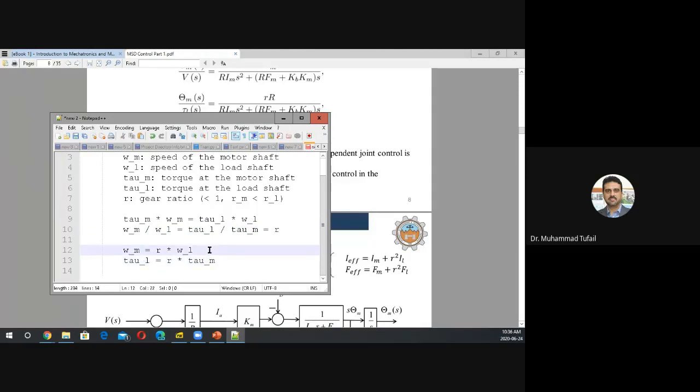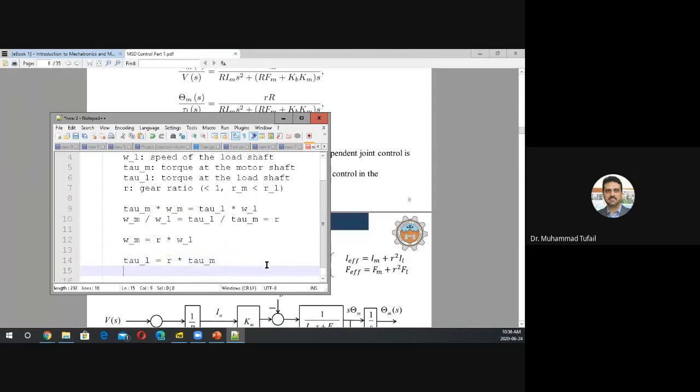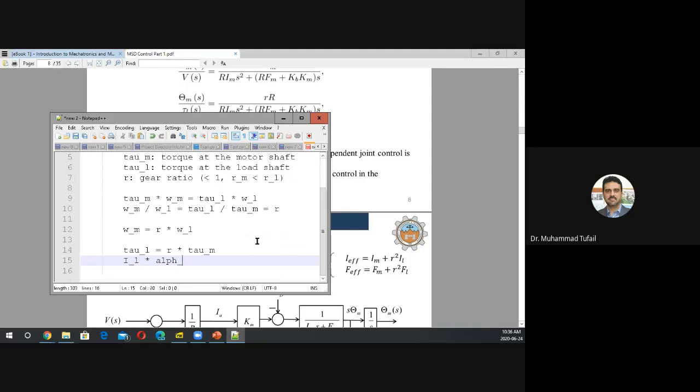And we also know that tau is equal to the inertia of the load times alpha of the load, the angular acceleration of the load.